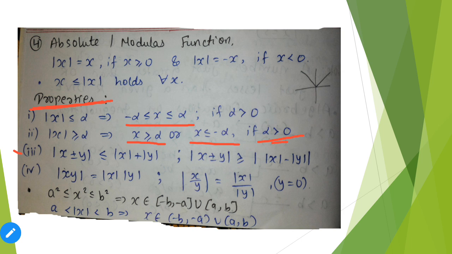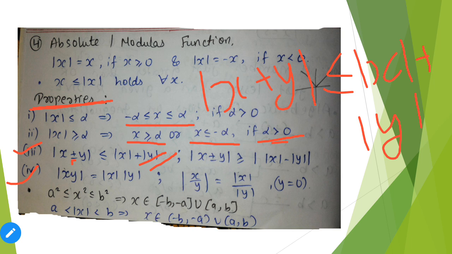Now the third property is a very nice property because it is used in many examples. This is the triangular inequality. Mod of x plus y is less than or equal to mod x plus mod y.